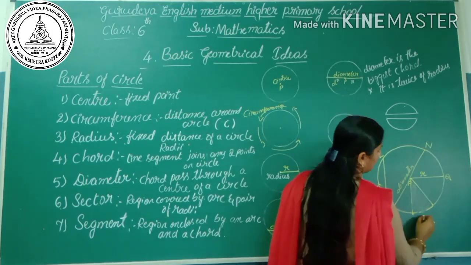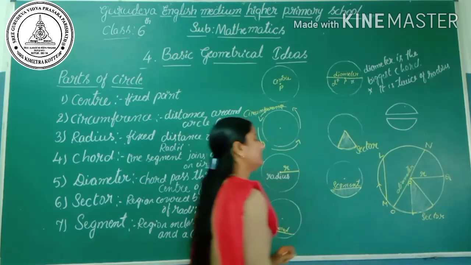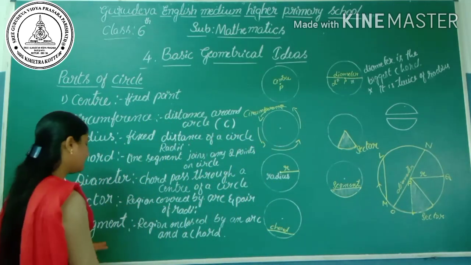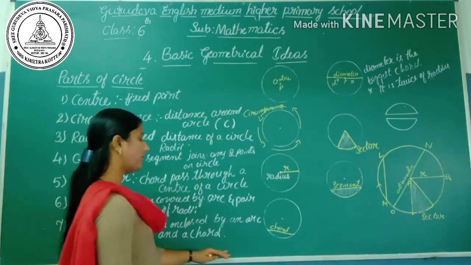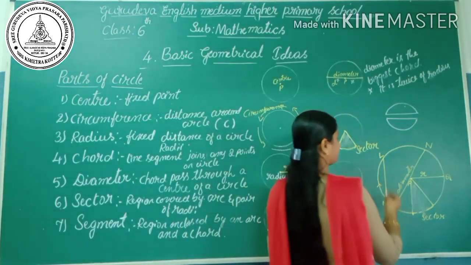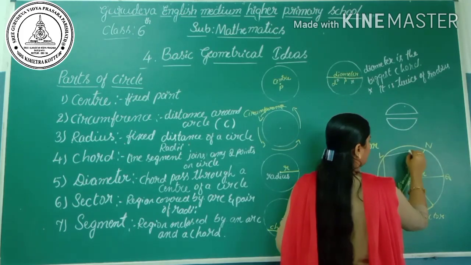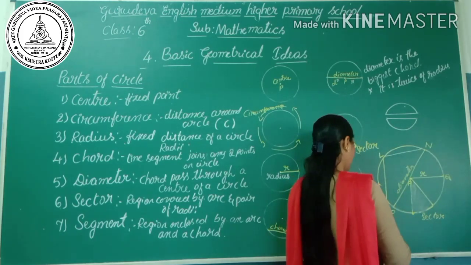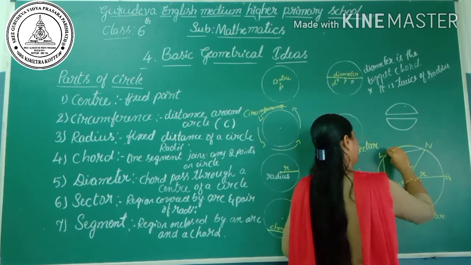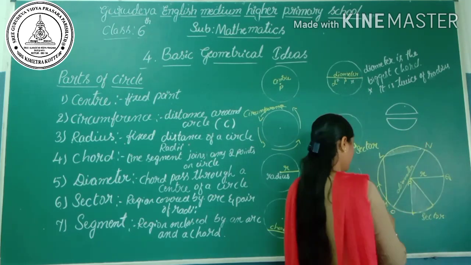Then the last part is the segment, a region covered by the chord and an arc. Here it is the segment. So we mark here. It is the segment of the circle.